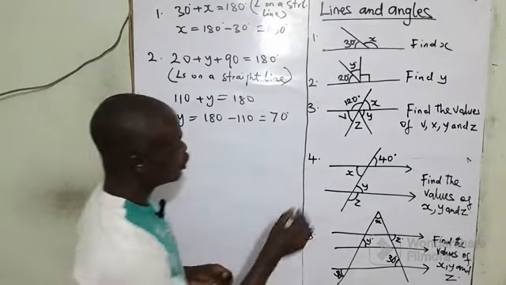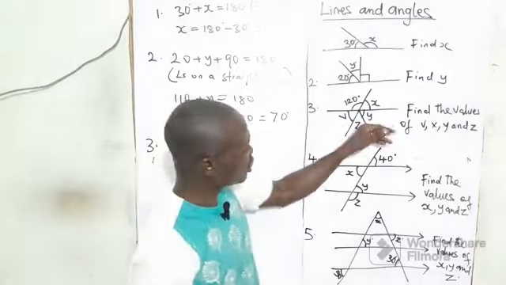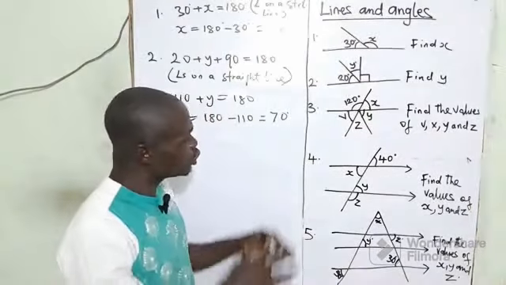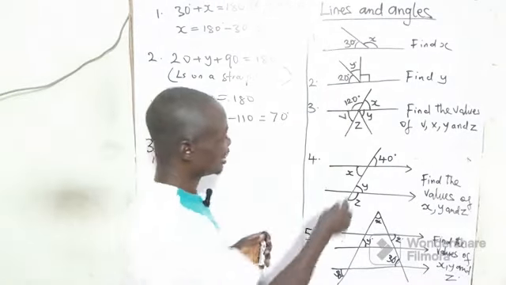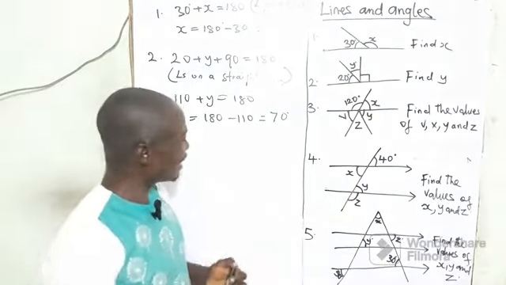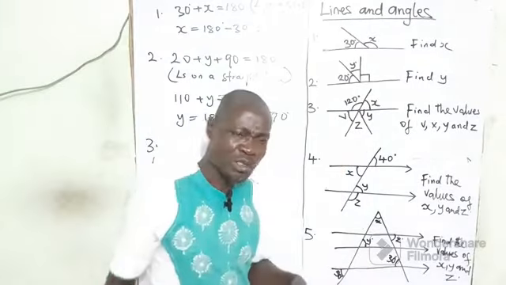In question number 3, we can see that it is not just angle on a straight line. There is a straight line, and there are angles up and down. So we now recall that this is angle at a point, or angle in a circle, because all the angles make a circle. So what is angle on a circle? Angle on a circle, we said, is what? 360 degrees.